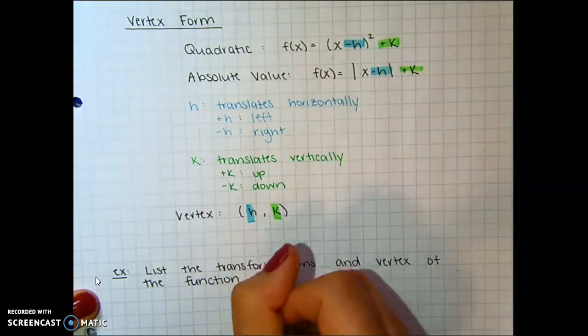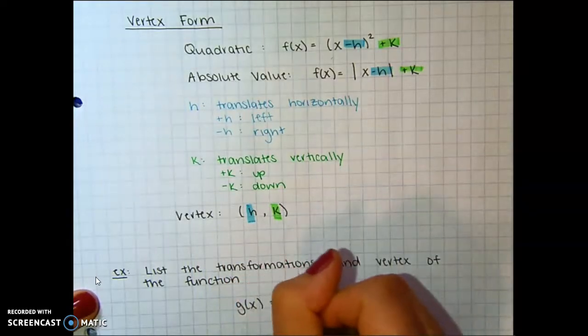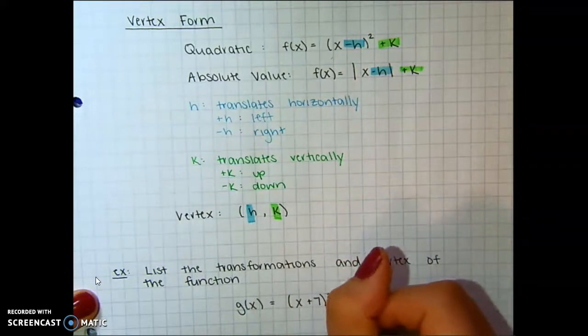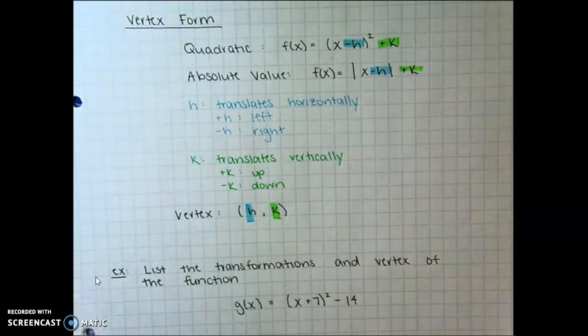Let's do g of x equals x plus 7 squared minus 14.